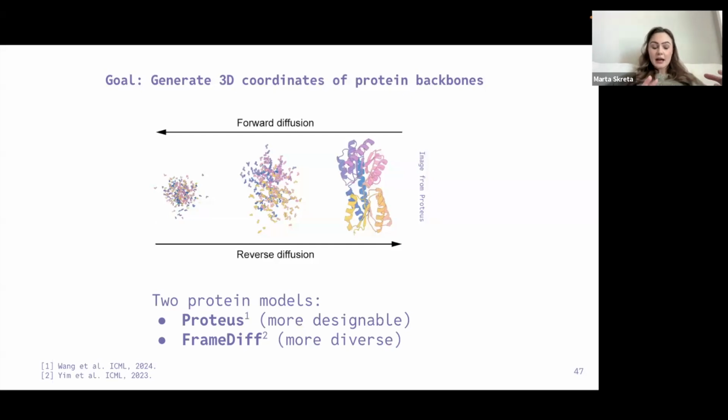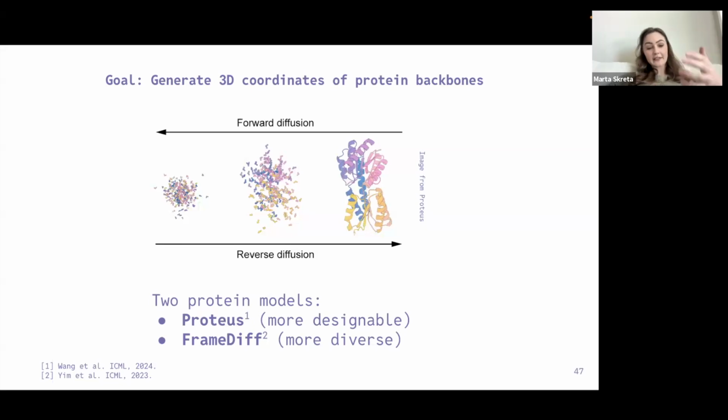So they're trained using the same schedule, which is very nice for combining purposes. But in general, Proteus generates proteins which are more designable. And what that means is if a protein is designable, you can predict a sequence that fits into the 3D folded structure.